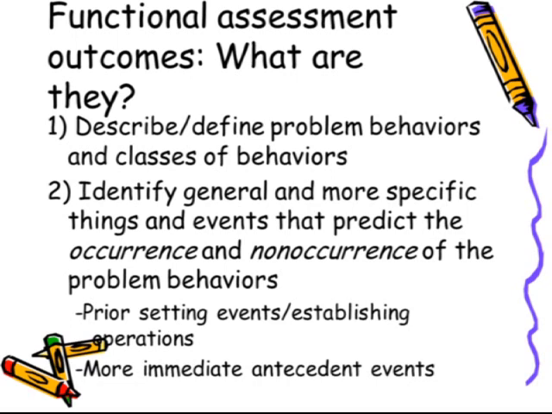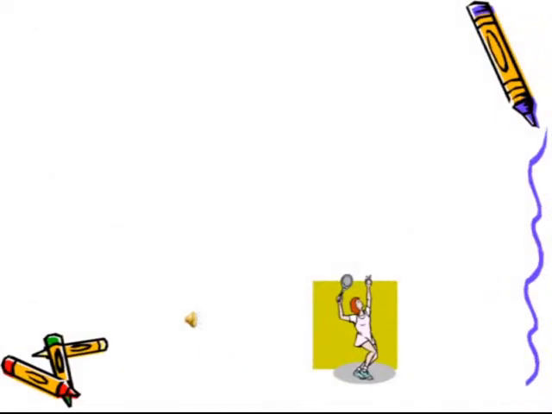So setting events can carry over problems from one setting into another, or one situation into another. So if a student has a difficult time in one class and then goes to a different class, the student may start out on the wrong foot. Those are called setting events. They're different from antecedents because an antecedent is what's going on at the moment. They're both important.